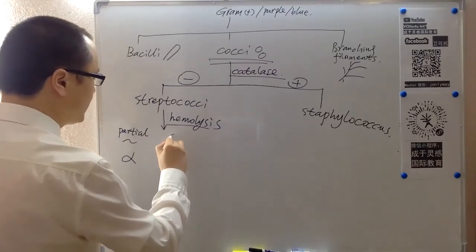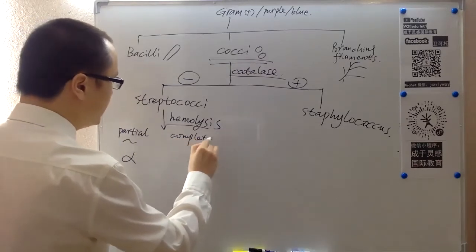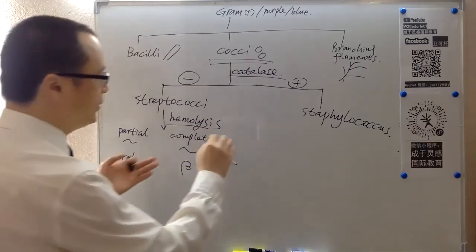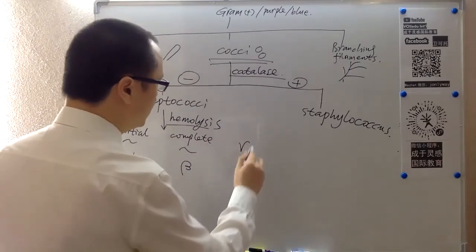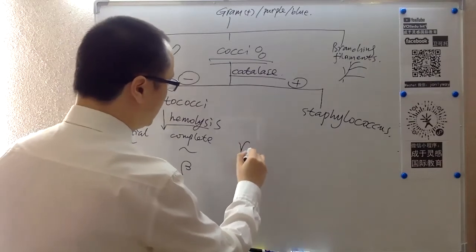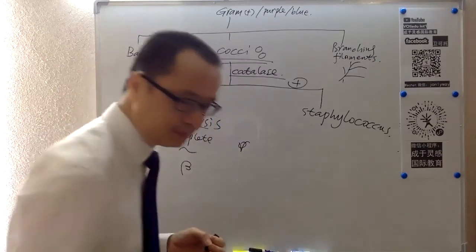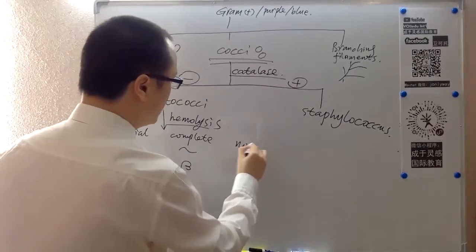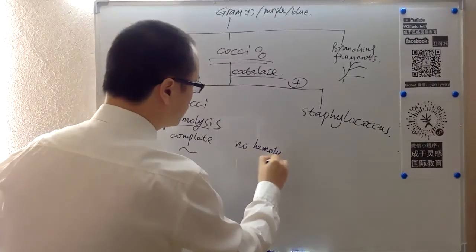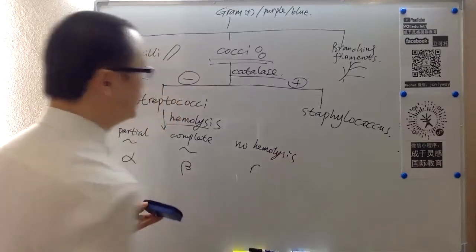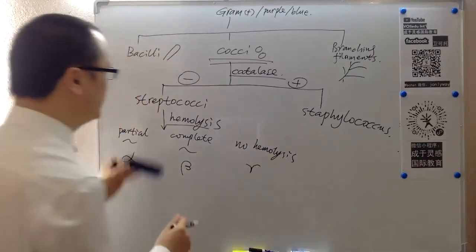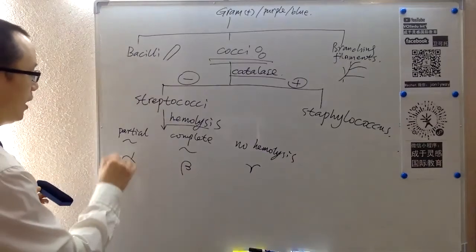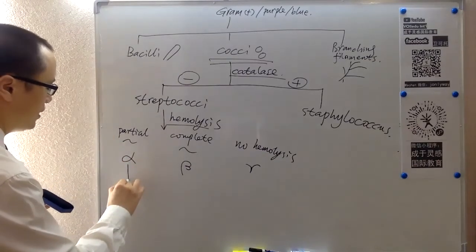If it is complete hemolysis, it is called beta hemolysis. If there is no hemolysis, it is called gamma, gamma streptococci.